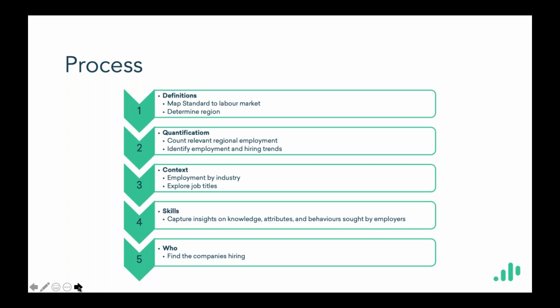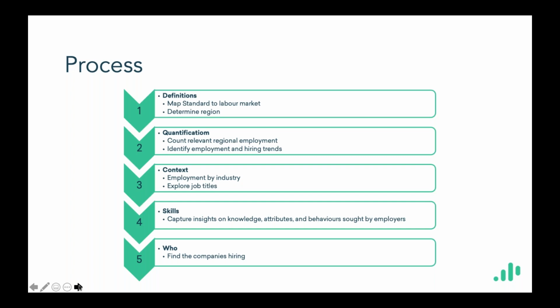And then the final part of this process is looking at the who. So which are the companies which are actively hiring for these relevant types of roles in relevant careers in the relevant geographies.